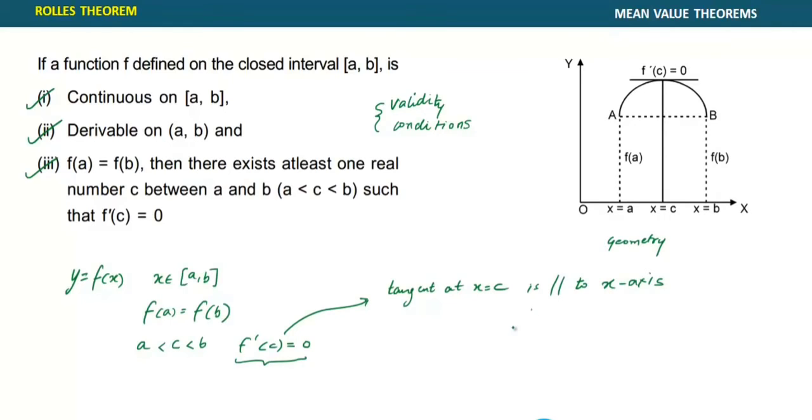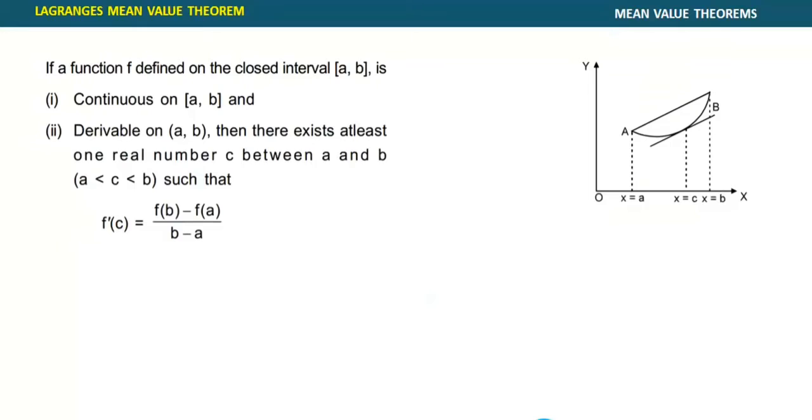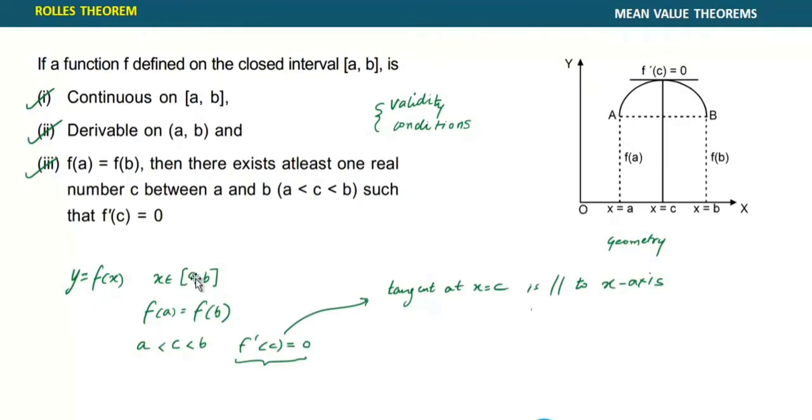Now let us also understand Lagrange's mean value theorem before we apply them to problems. For Lagrange's mean value theorem, again the function belongs to the closed interval [a, b], it is continuous, it is derivable. Now compare this with Rolle's theorem. The third condition, f(a) equal to f(b), is gone.